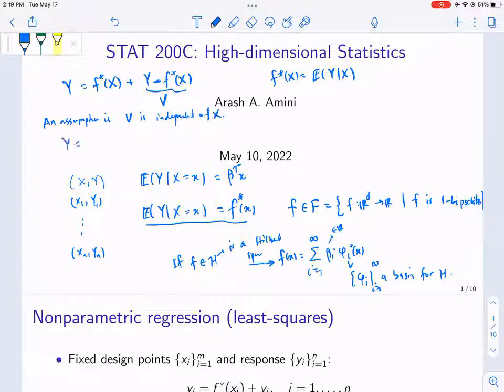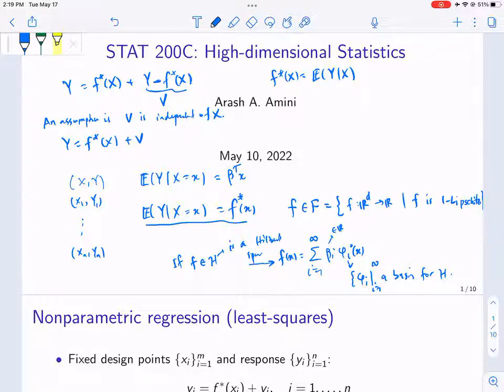Then the model would be some sort of an additive model: you have f star of x plus independent noise, and then you draw IID samples. Because it doesn't depend on x, it has a single, certain variance, so all of these have noise with the same variance. This is called homoskedasticity.